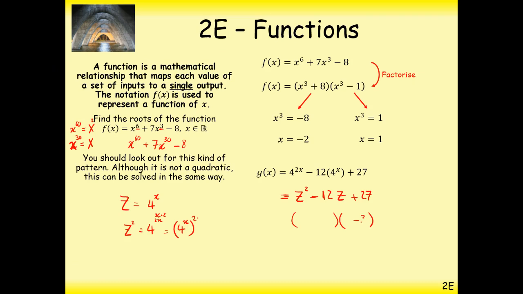So I'm going to write z minus 3 and z minus 9 inside the bracket. When I take them out of the bracket and solve them, I get these answers here. Now, going back to my substitution, I have 4 raised to the power of x to be 9 and 4 raised to the power of x to be 3.